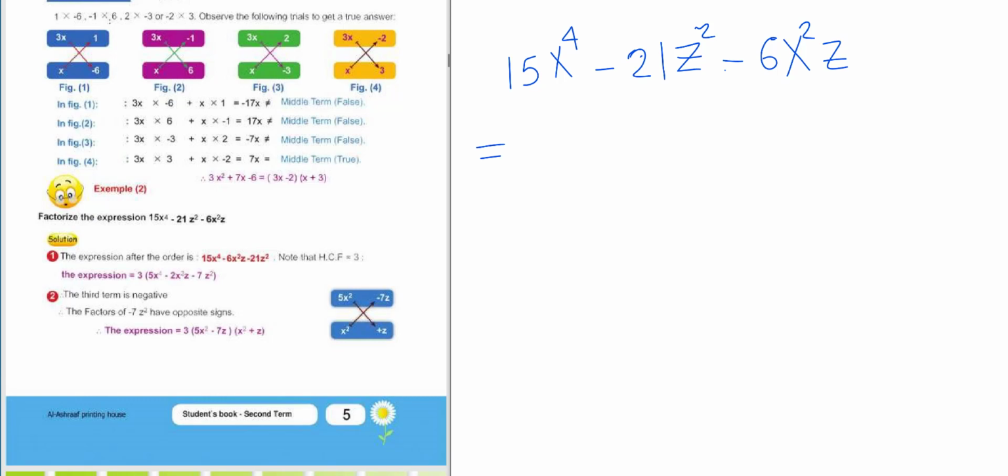Here, it's arranged in descending order.